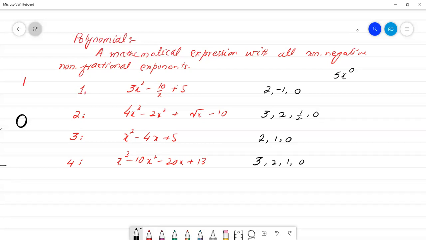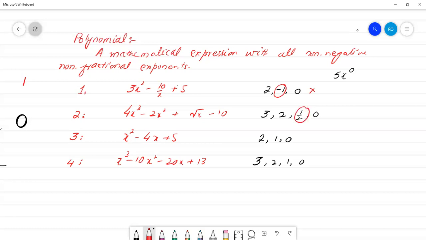Now, in all these examples, you have to observe which expressions involve non-negative, non-fractional exponents. In the first example, we have one negative exponent. So this is an algebraic expression, but this is not a polynomial. In the second example, we have one fractional exponent.